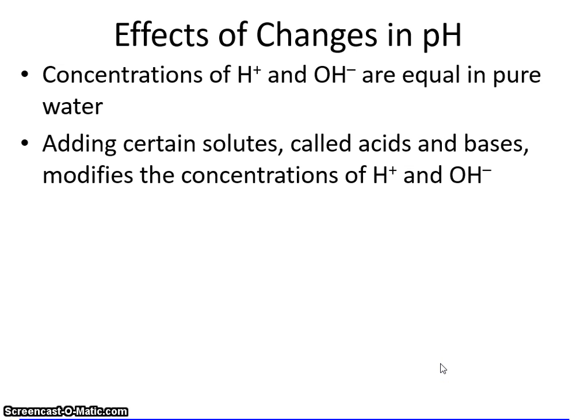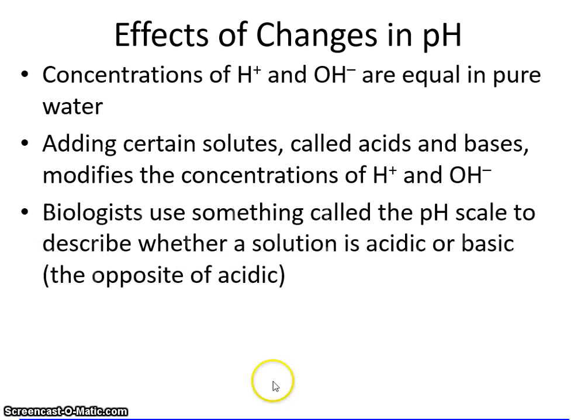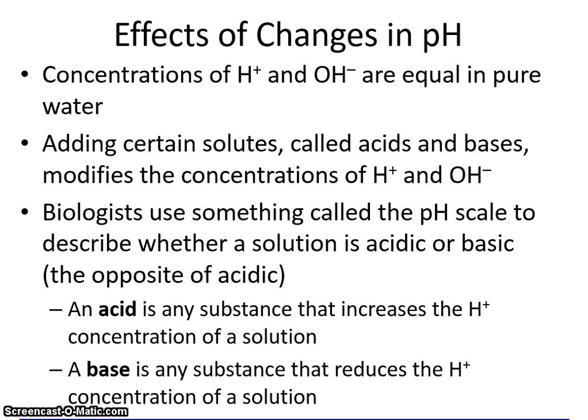In pure water, that hydrogen ion and hydroxide ion concentration is equal. But adding certain substances, certain solutes, can shift those concentrations. If something increases the hydrogen concentration, we say that that substance is an acid, and something that would reduce the hydrogen concentration would be a base.